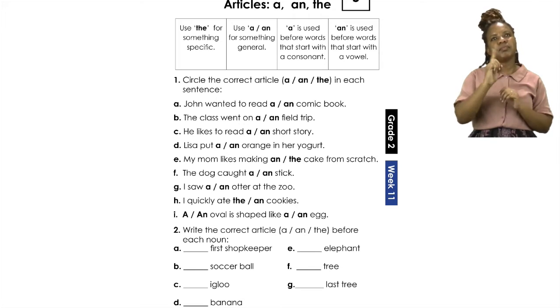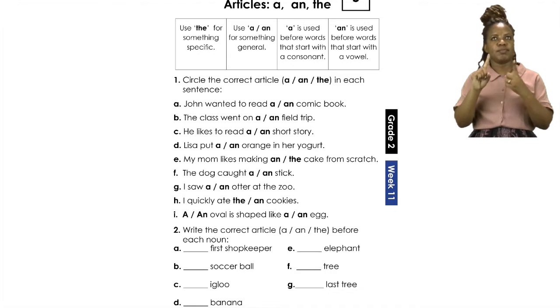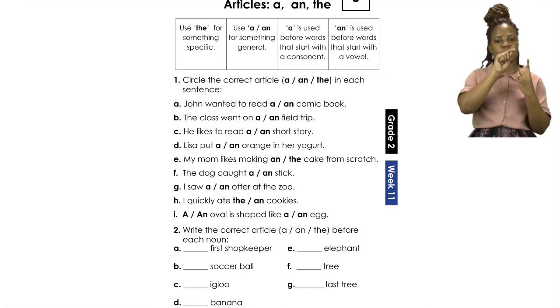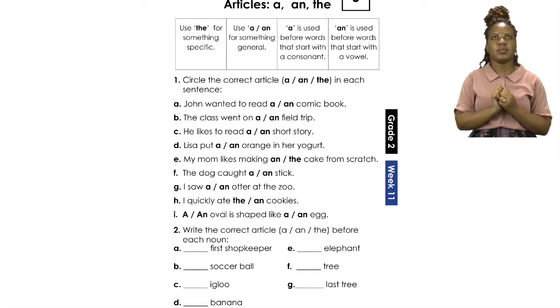Now, there are 3 different types of articles that we use when we are saying or making sentences. We use the, a, and an. The first thing you have to know is that when we use an article, it is because of the letters or because of the number.